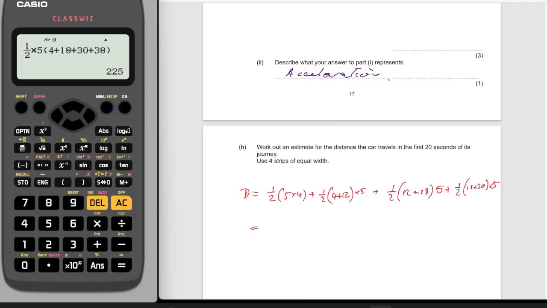Double checking some of these values. So I've misadded that one value there. 12 plus 18 is going to be 40, not 20. So I'll make it 200.